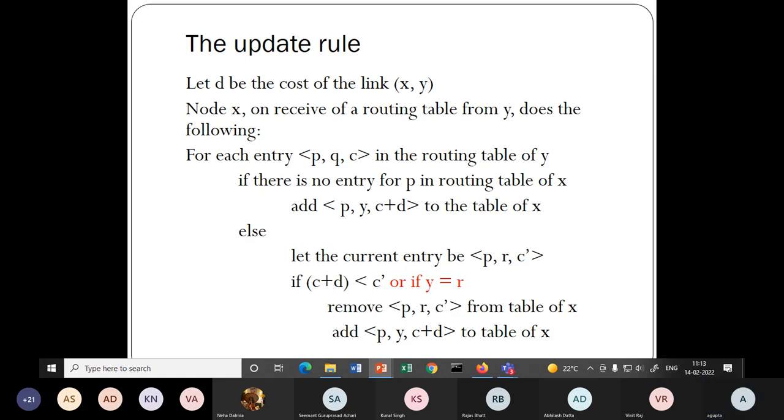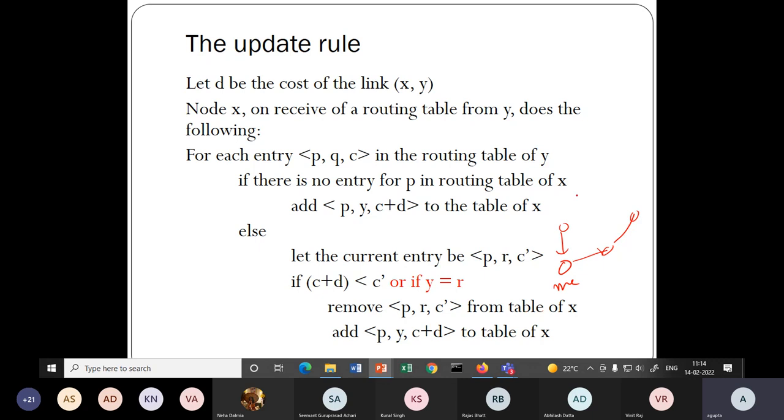On the other hand, if I have a route already to that destination, I will see whether it is okay to follow the route that I have, or whether the incoming route is better. I already know of a route through somebody else, and this is the incoming table.